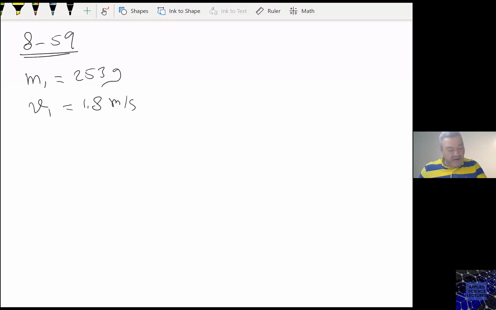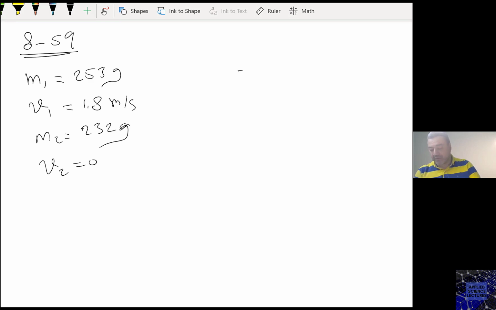The other puck has a mass of 232 grams and is initially stationary, so V2 is 0. What is the velocity, magnitude, and direction of each puck after the collision?